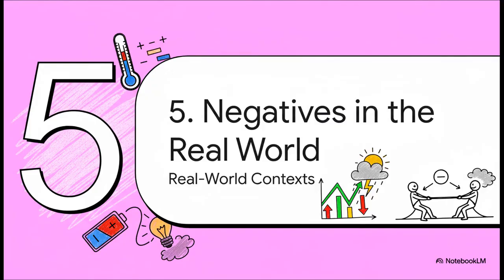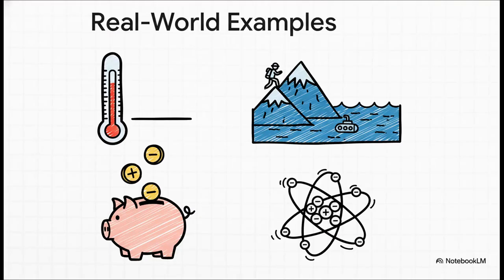Okay, so this is all cool math, but why does it actually matter? Well, because this simple logic of combining positives and negatives, it's literally everywhere in the world around us. Seriously, once you start looking for it, you'll see it everywhere. We've already talked about games in football, but it's also how we track temperature when it drops below freezing, how we talk about elevation, like being below sea level.